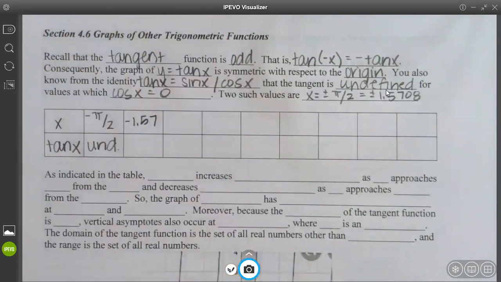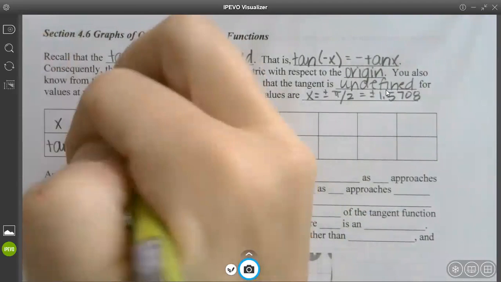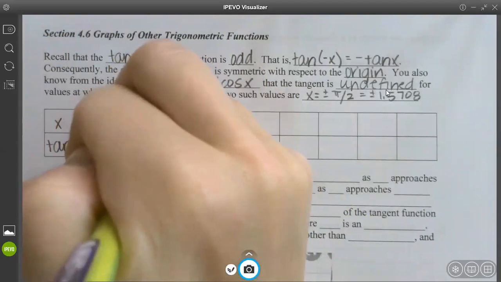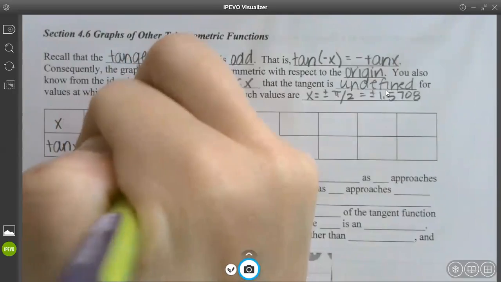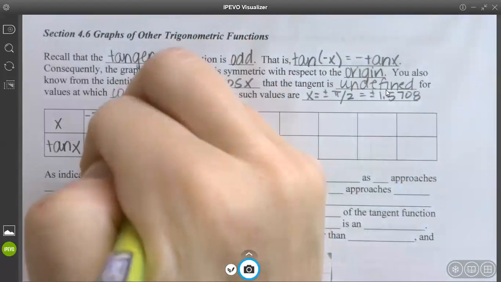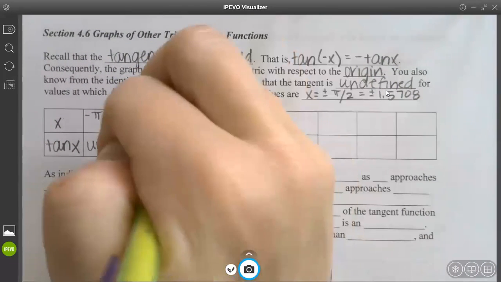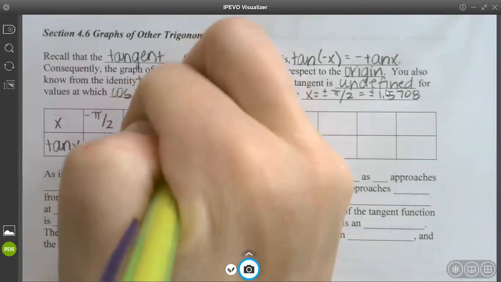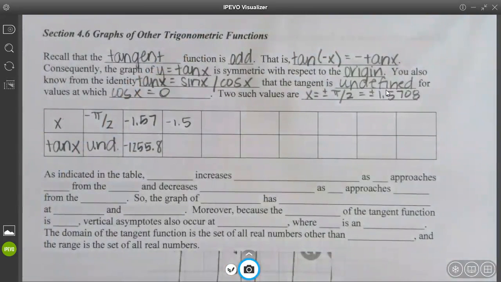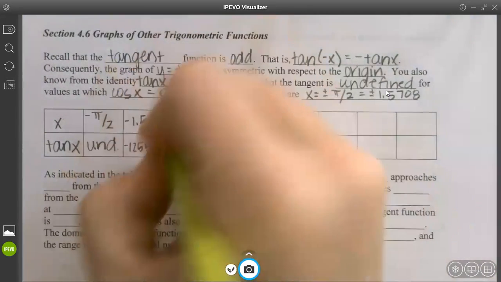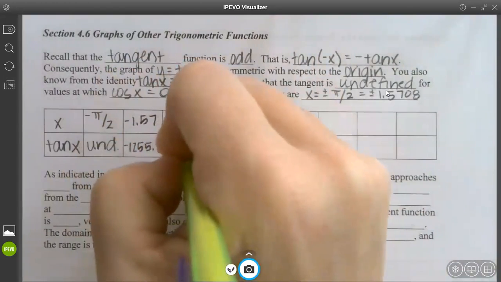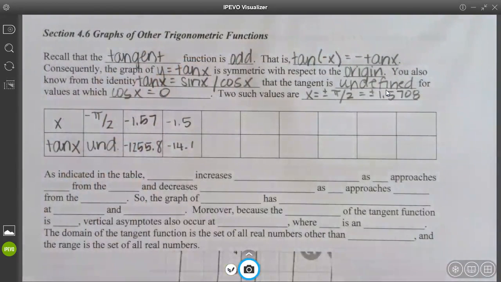If we round that a little bit to negative 1.57, you get negative 1255.8. If we round a little bit more, then we just stop at negative 1.5, we get negative 14.1.